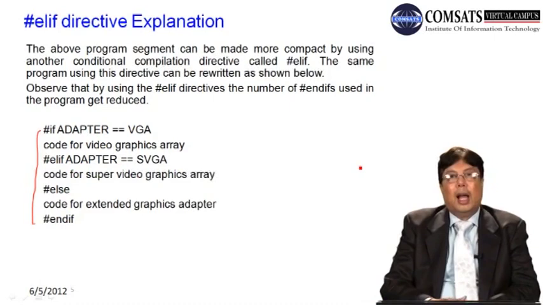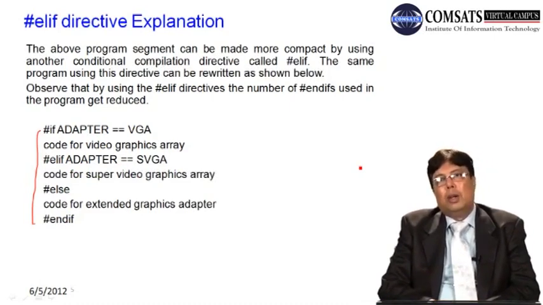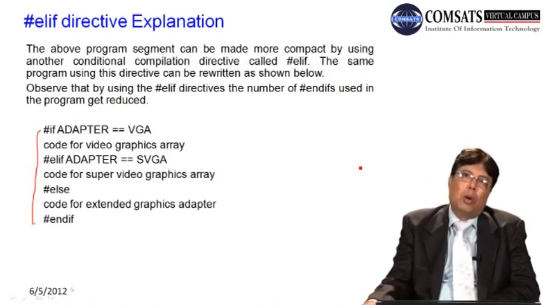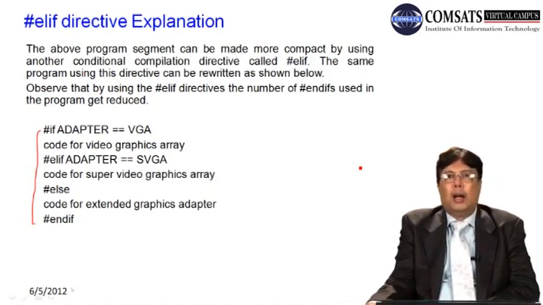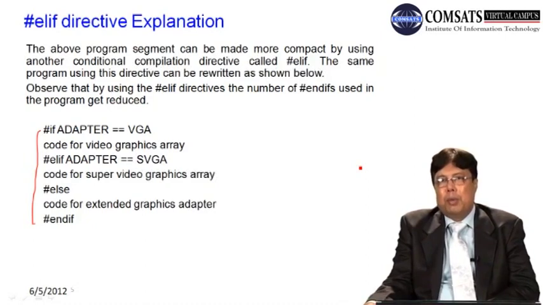So this elif, which is equivalent to else if, facilitates you to write very compact code, and that code will tell the compiler which part of the code you want compiled, and this is done by the preprocessor.